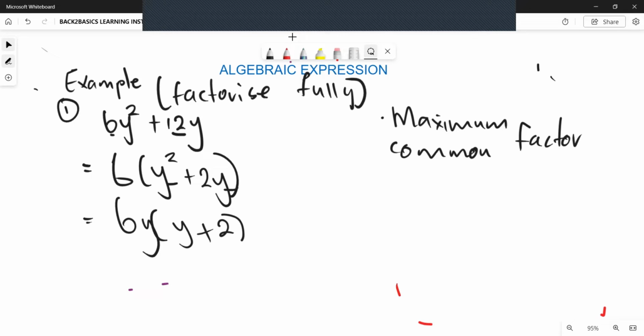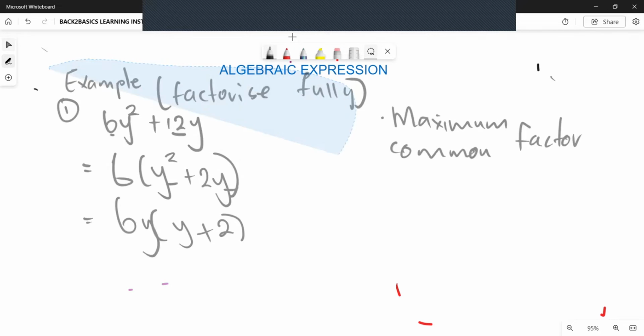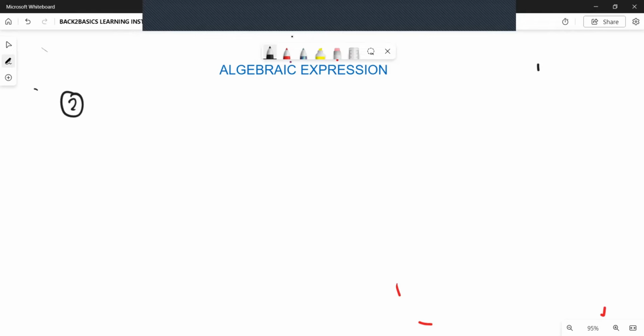Now let's try and get much more from example 2. In example 2, you're given 3a into 2a subtract b, close bracket, subtract a squared into bracket 2a subtract b again. Now, what is it that we can do from here? We're going to check, do we indeed have a common factor?